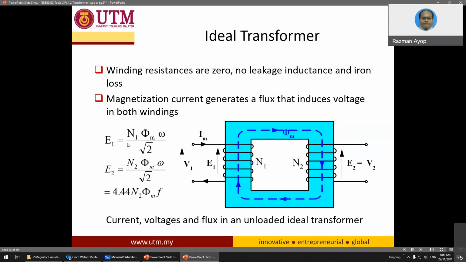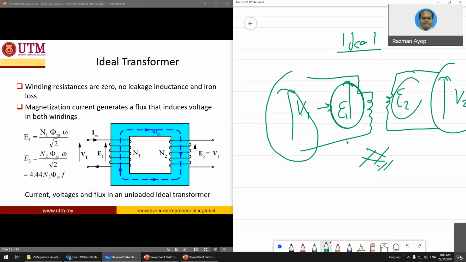Another thing you need to know is the generated flux. The formula is E equals N1 flux omega over square root 2. This is not a popular equation, but the next one is.